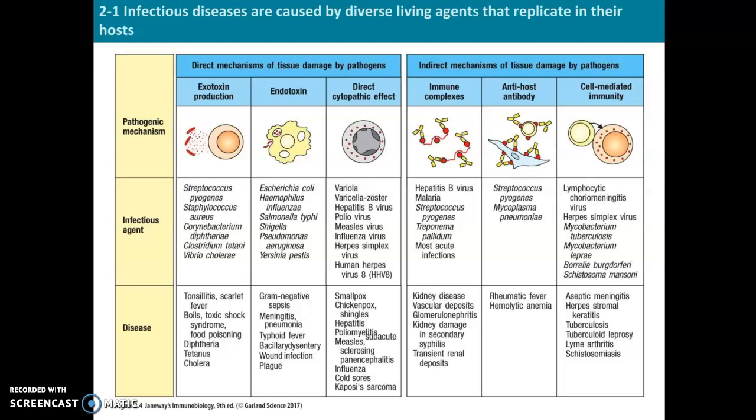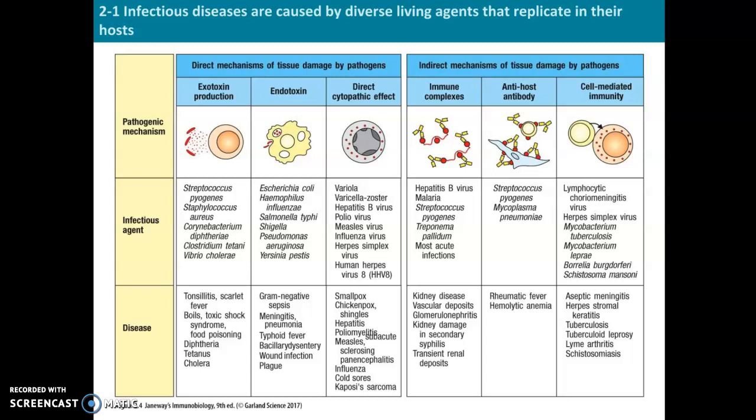So they would be in the cytoplasm. Some of the famous exotoxins are Streptococcus pyogenes, which causes tonsillitis and scarlet fever, Staph aureus, which causes boils, toxic shock syndrome, even food poisoning, Corynebacterium diphtheriae, which obviously causes diphtheria, Clostridium tetani, which causes tetanus, and Vibrio cholerae, which causes cholera.